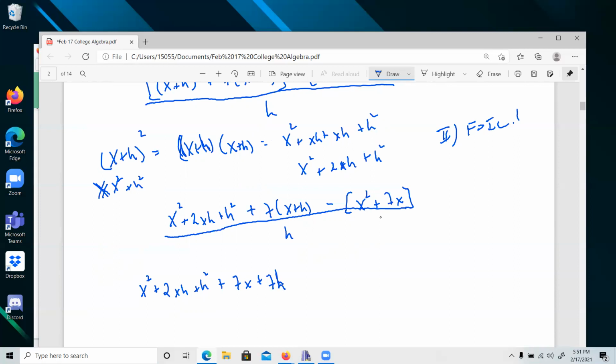So if you avoided the first mistake of putting the h on the outside, here's the next place you're going to make a mistake. This negative has to apply to both. It's going to be minus x squared minus 7x. Make sure you're good at distributing, and this visits both. Some stuff cancels, doesn't it?